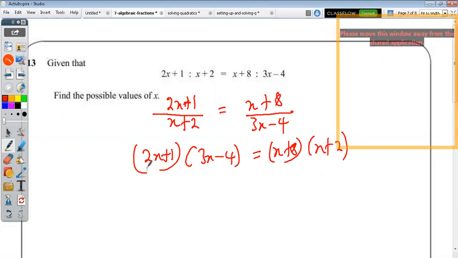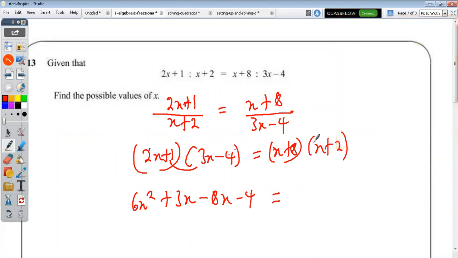Now let's do the same things. 2x times 3x is 6 what? 6x squared. 1 times that is plus 3x. Then 2x times that negative, you get negative 8x. Then last term times last term, get a minus 4. Is equal to, let's apply the same thing, x times x, x squared.